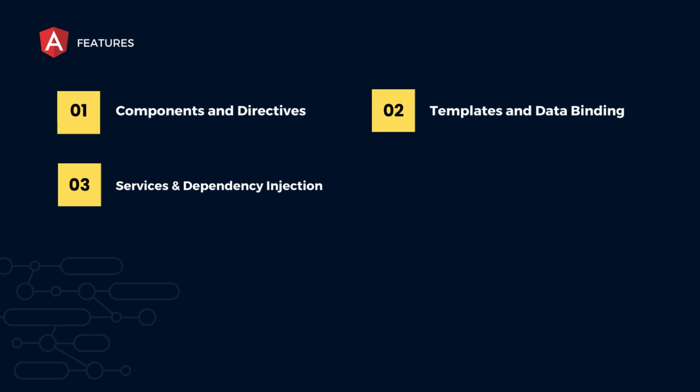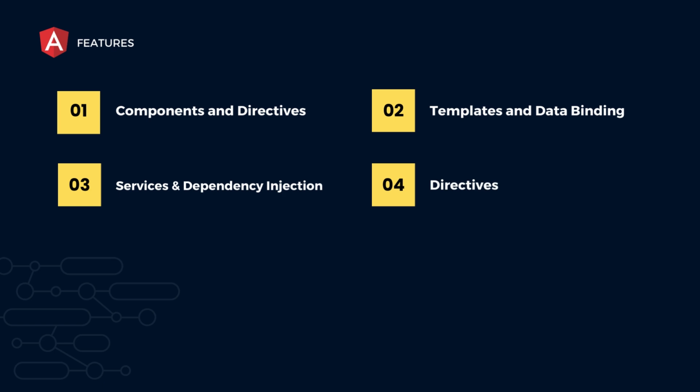Services and dependency injection. Services provide a way to encapsulate functionality and share it across multiple components, while dependency injection enables automatic dependency resolution and promotes code modularity and reusability. Directives.